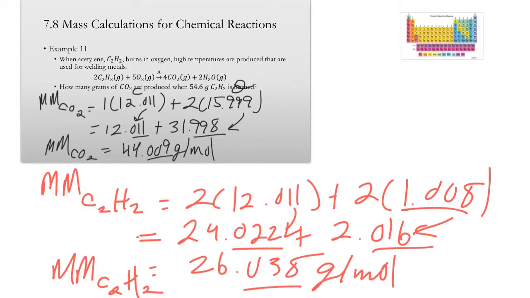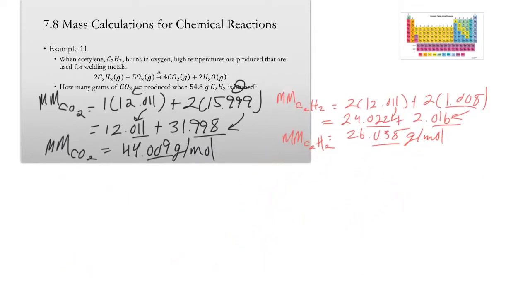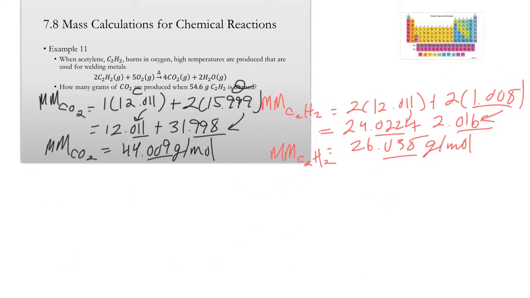All right, now that we have those, we can use the mass of the acetylene used in the reaction to convert to the mass of carbon dioxide that would be produced. All right, so I can put that there. And so you always start with the quantity that is measured that you're given for these problems, which is the mass of the acetylene.